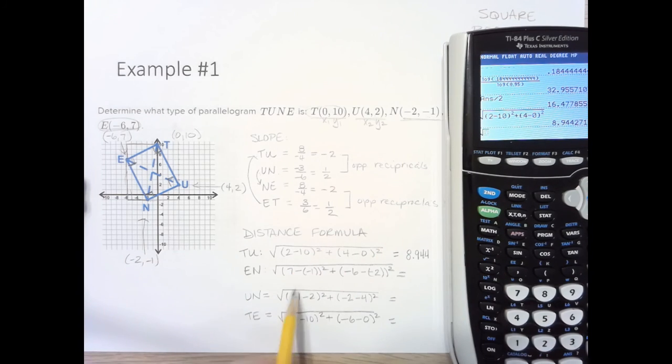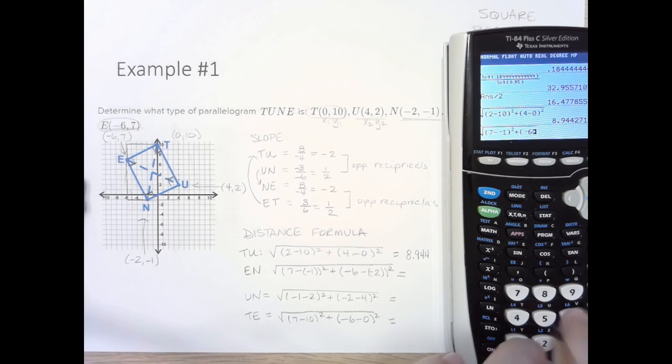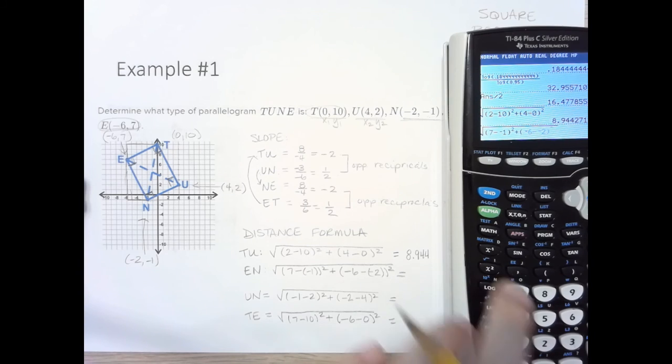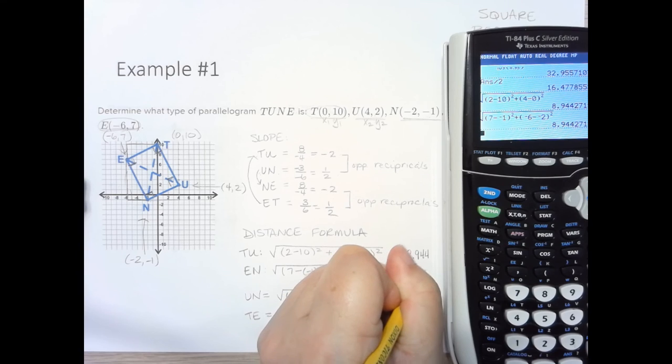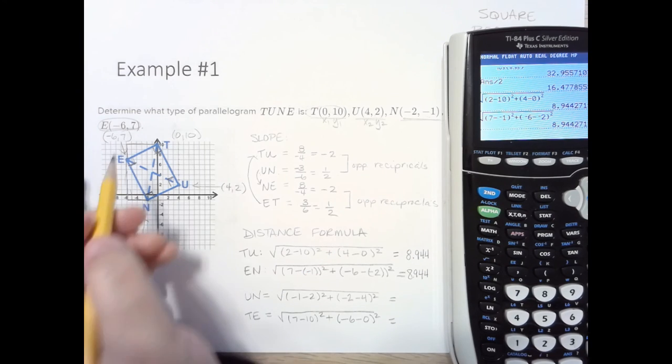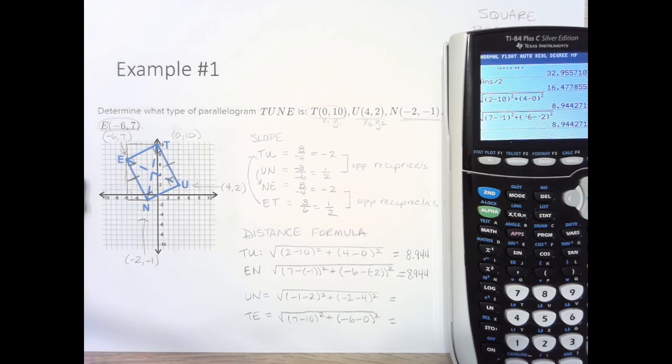So square root, parentheses 7 minus -1 squared plus parentheses -6 minus -2 squared. Okay, that's a good sign, 8.944. So if I go back to my picture, I know that TU and EN have the same length. So now I want UN and TE to have the same length, but different than the answer I got here.